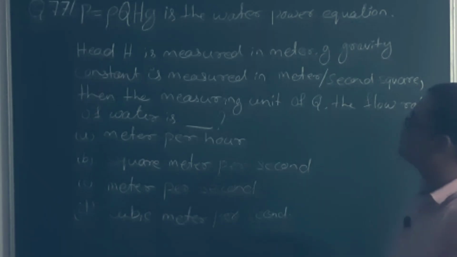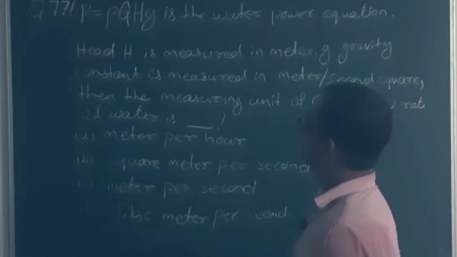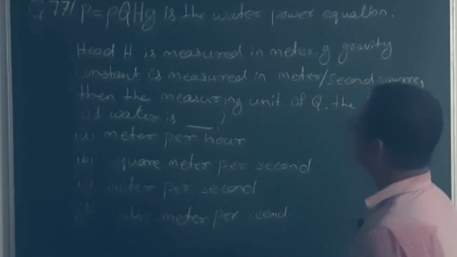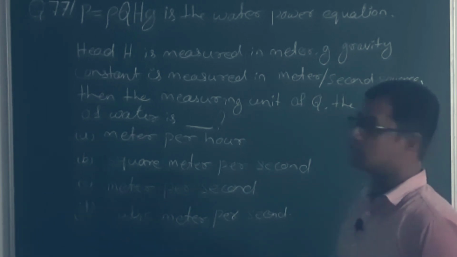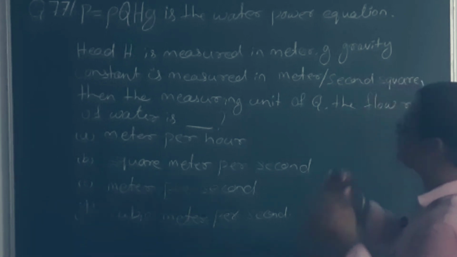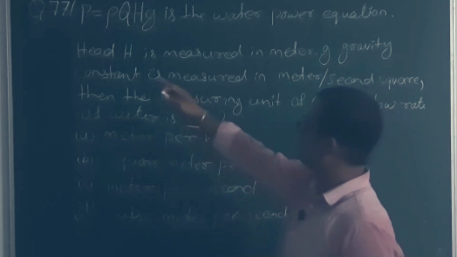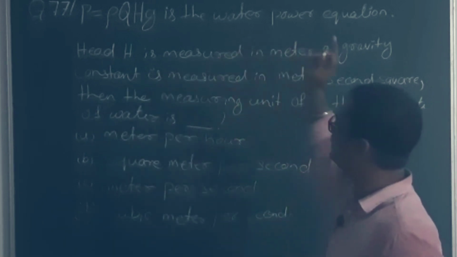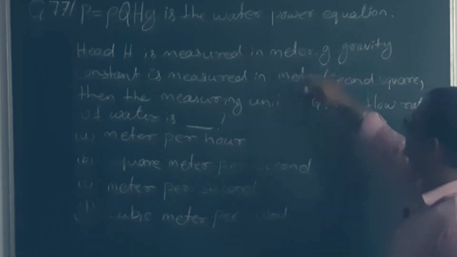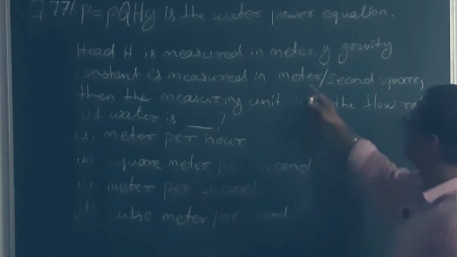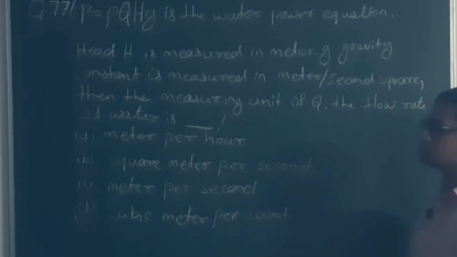Moving to question number 77, P equal to rho Q H G is the water power equation. This is the water power equation, meaning how much power is generated from that water. Here head H is measured in meters, and G, the gravity constant, is measured in meter per second square.